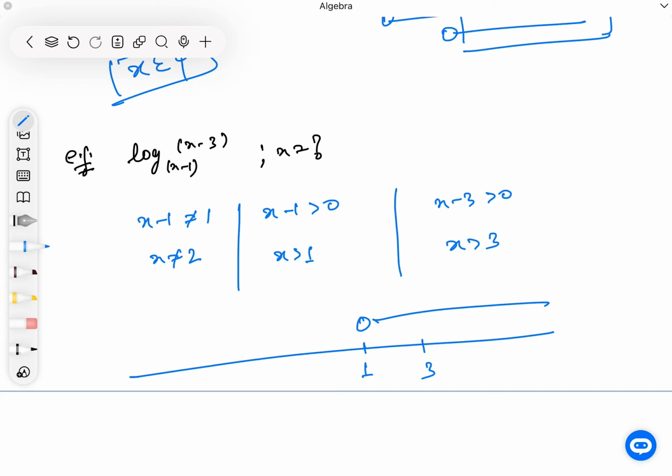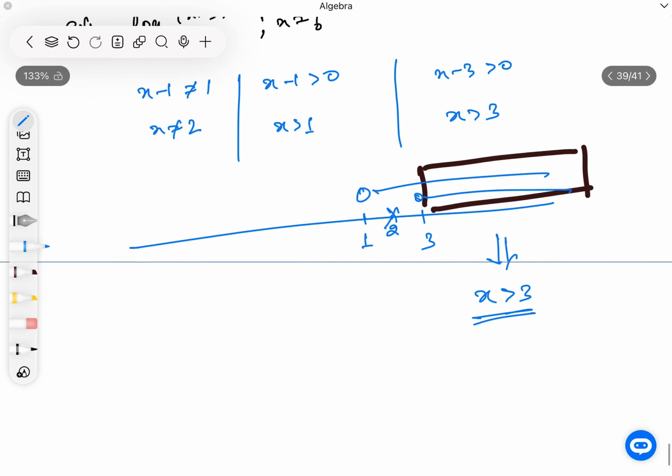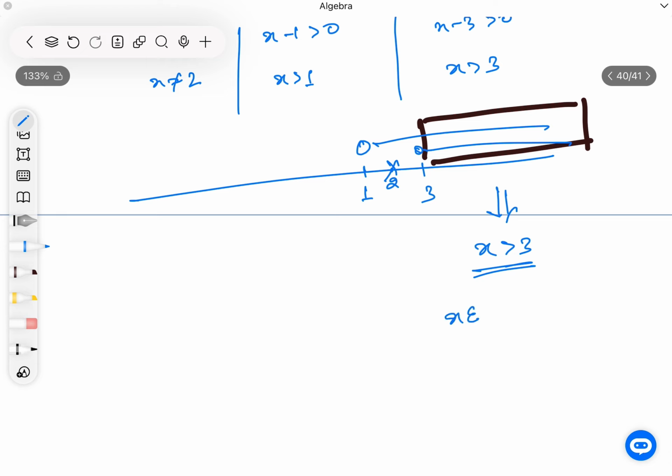Greater than 1, greater than 3. This is 2. It cannot be 2. Okay, so if you see, this is the common area. So we can conclude that x has to be greater than 3. That means x belongs to 3 to infinity.